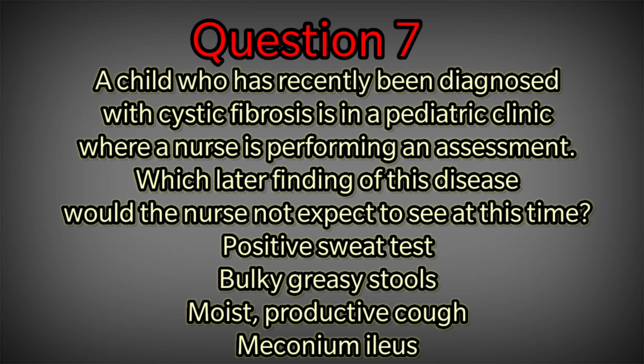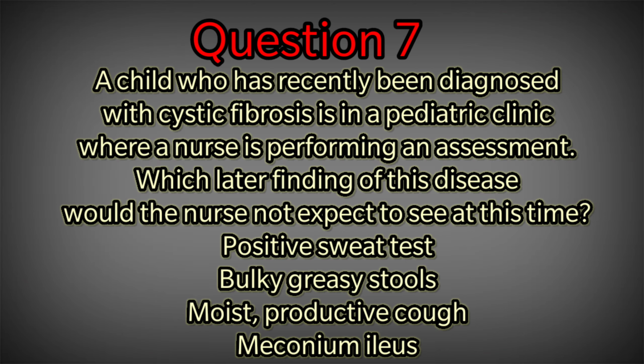Question number 7. A child who has recently been diagnosed with cystic fibrosis is in a pediatric clinic where a nurse is performing an assessment. Which later finding of this disease would the nurse not expect to see at this time? Options A, positive sweat test. Option B, bulky greasy stools. Option C, moist productive cough.